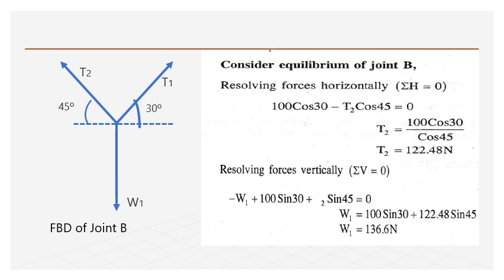So apply the condition sigma H is equal to 0. Only two horizontal components: T1 cos 30 and T2 cos 45. T1 is acting towards the right, T2 is acting towards the left. Rightward force positive, leftward force negative.